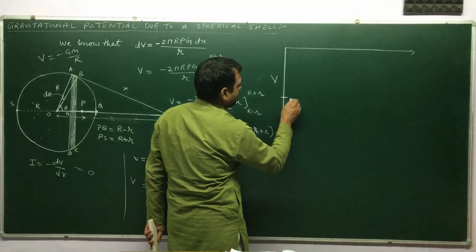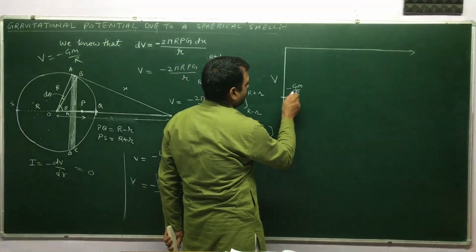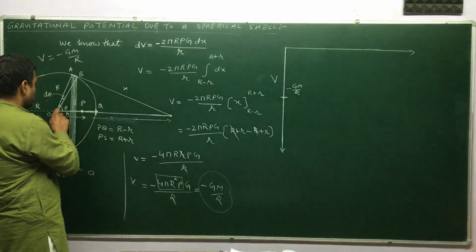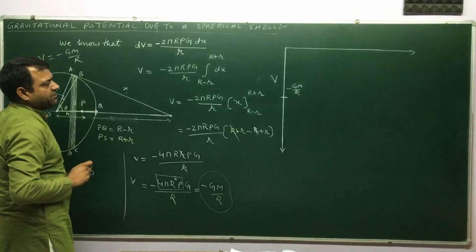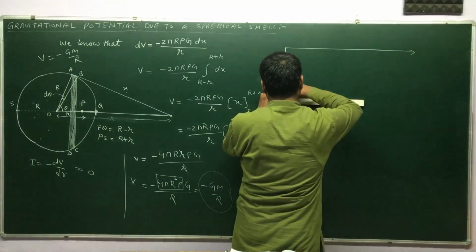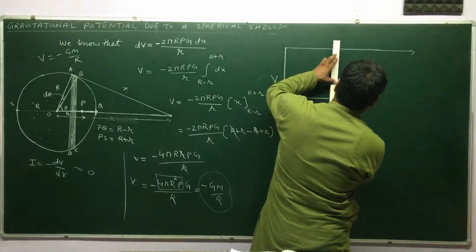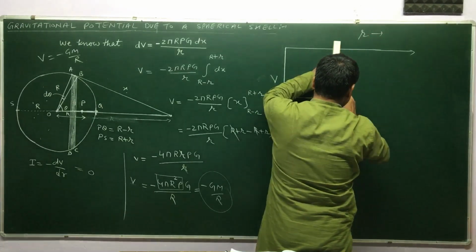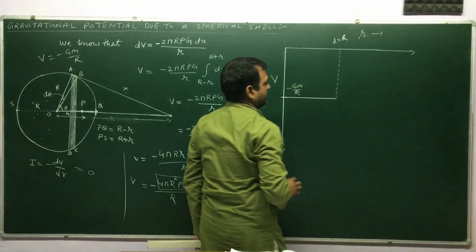This value is also the same here. So as we move from O to Q, at every point gravitational potential is constant, which is minus GM by R. Up to lowercase r equal to uppercase R, this has a constant value. At this point r equals uppercase R.